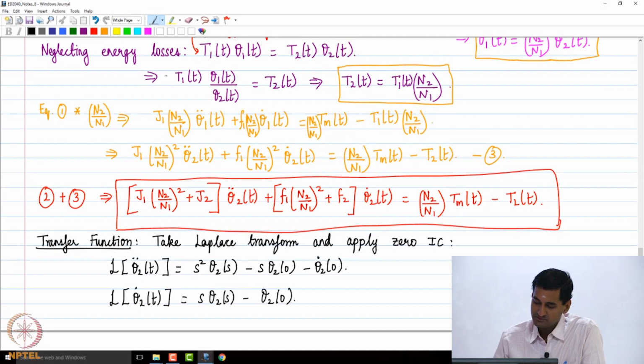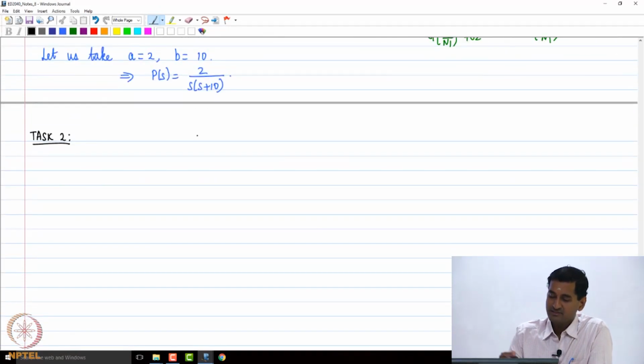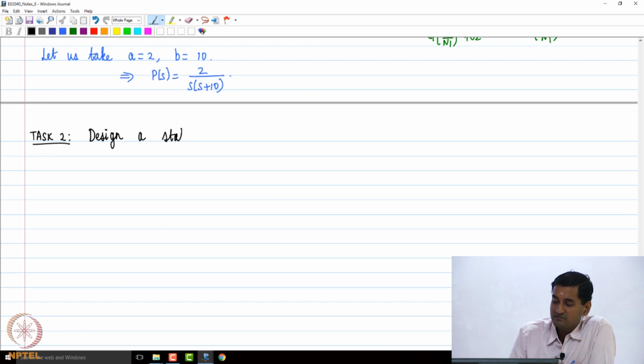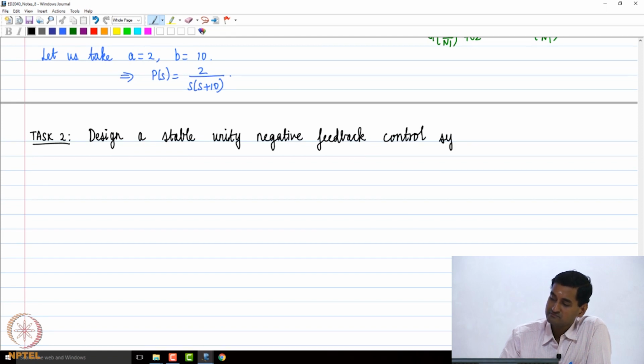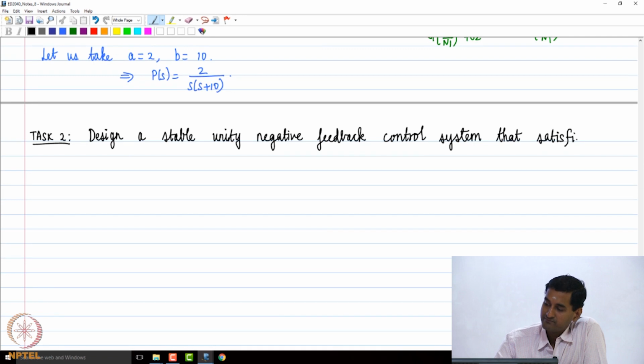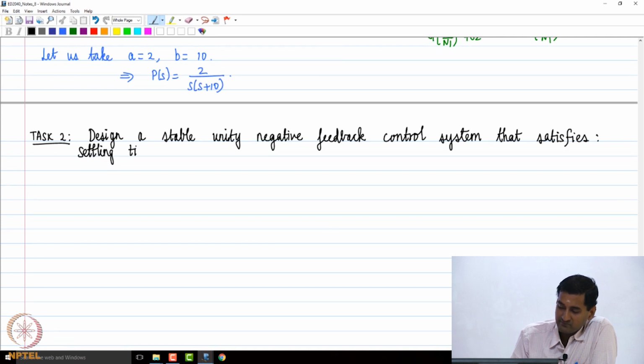So, task 2 is to design a stable unity negative feedback control system that satisfies the following: settling time less than, let us say, 2 seconds, peak overshoot Mp less than, let us say, 10%.